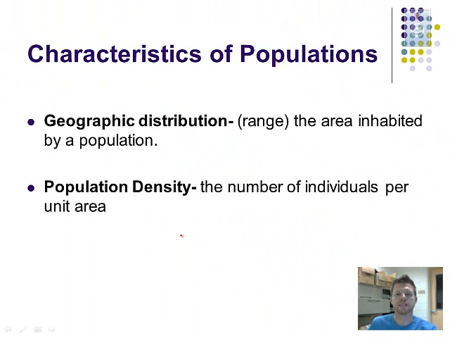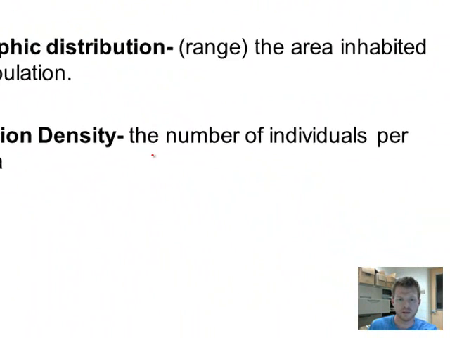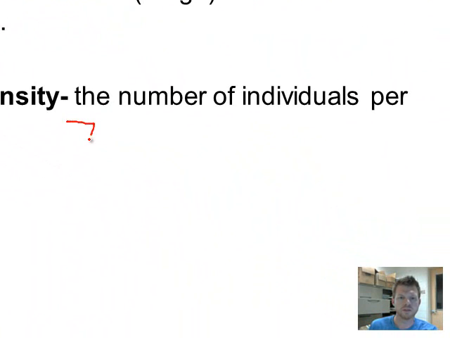Also, population density is the number of individuals per unit area. For example, if this is a meter squared and we're studying dandelions, in your yard, you've been spraying with herbicide to kill dandelions. We find 3 dandelions per meter squared.